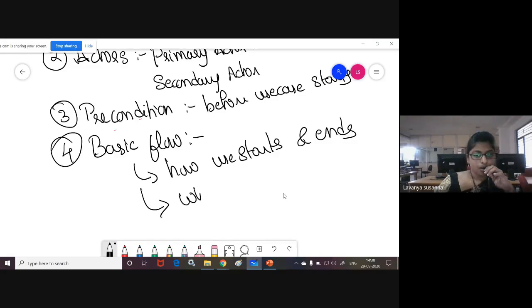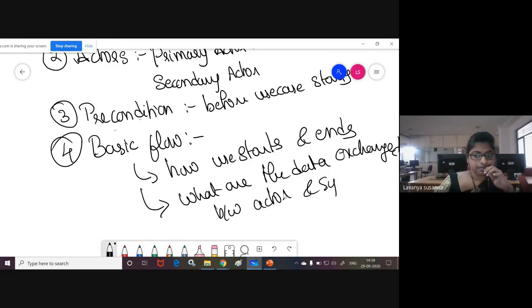And what are the data that are exchanged between actor and system, or use case? I hope you understood. Basic flow is nothing but some sequence of actions: who is interacting with the system, how the use case starts and ends, and what data are exchanged between actors and use case.